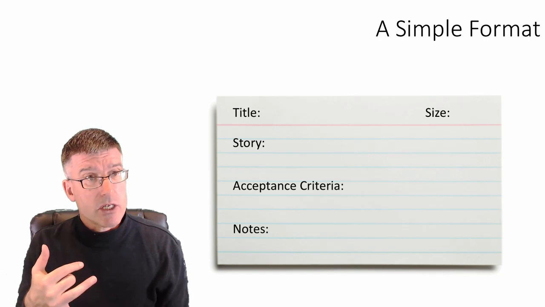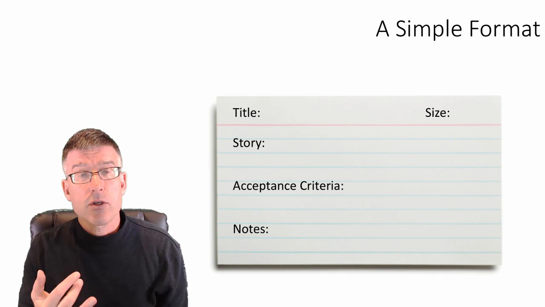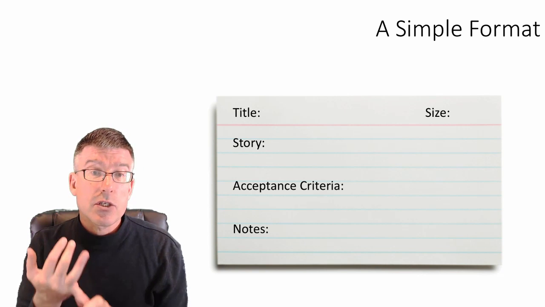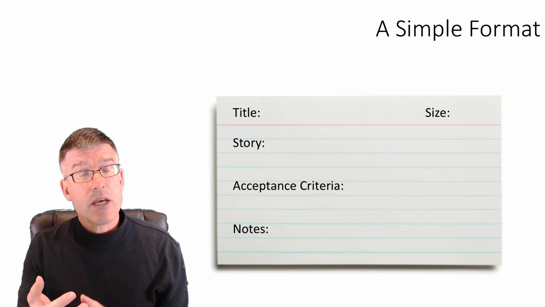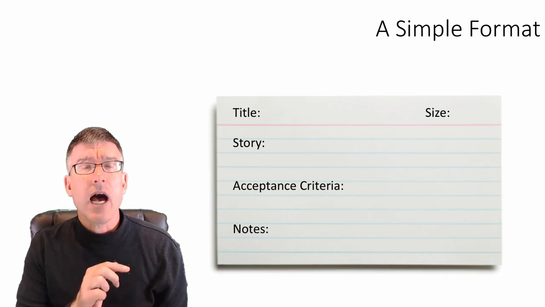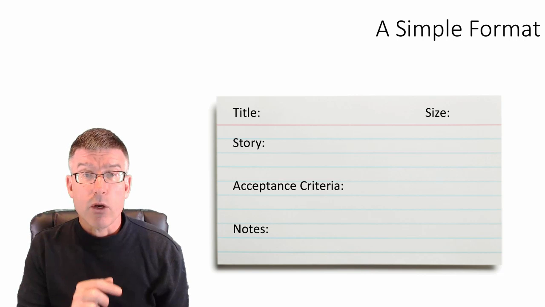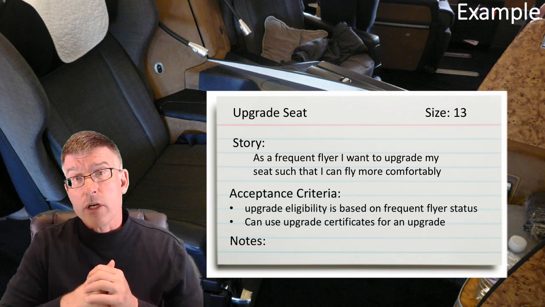The acceptance criteria. What are the testable criteria that we need for the product owner or customer representative to know that, yes, this story is done? And then something I'm calling the notes, and this is where all that other information we need to track should be going. So here's an example of a user story.